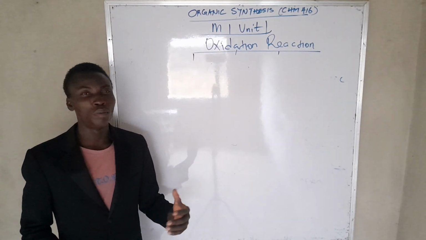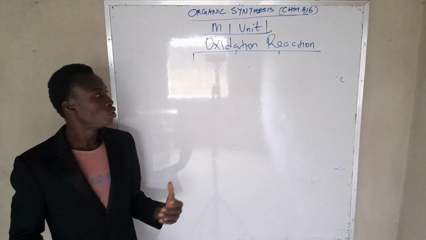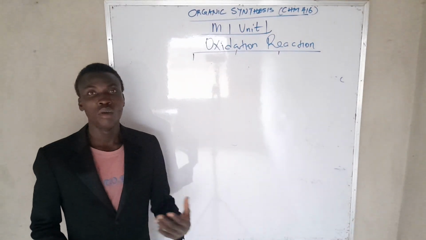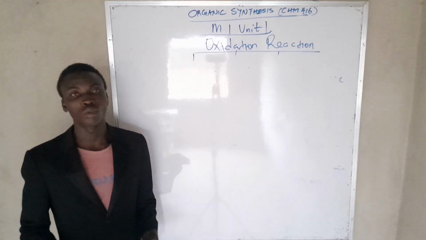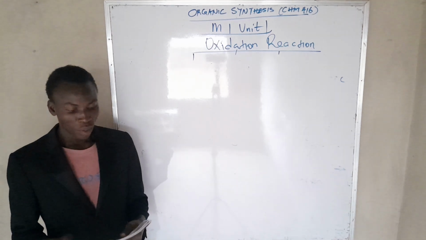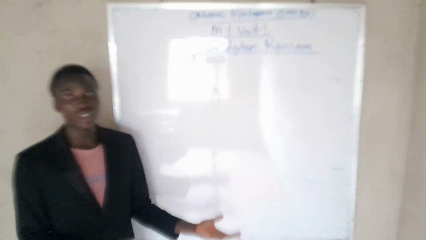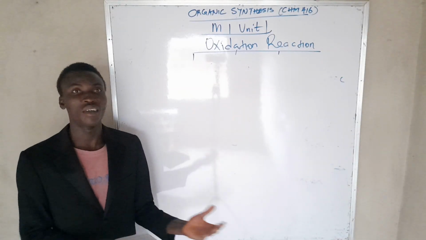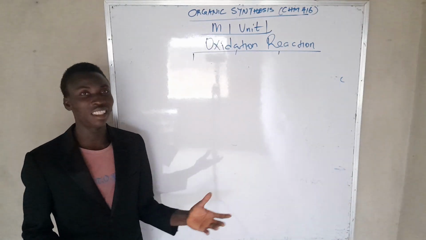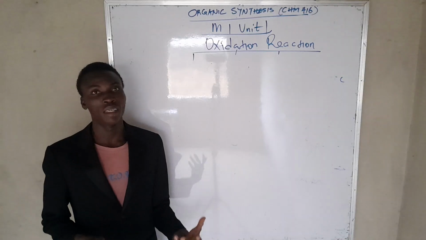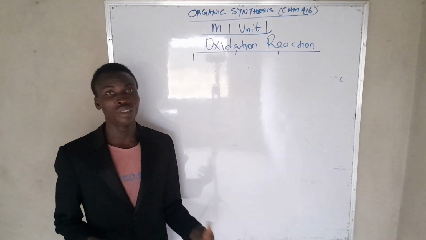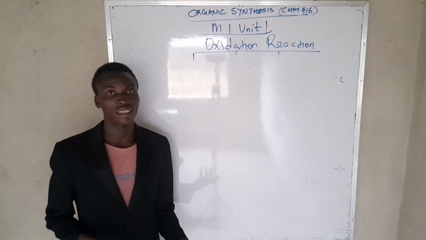So it will be difficult for them to just initiate such a reaction on their own. In this case, they need oxidizing agents. We are going to be talking about a few of the oxidizing agents here. So what are oxidizing agents? Oxidizing agents are compounds that are rich in electronegative elements, which can bring about oxidation in a given chemical process.